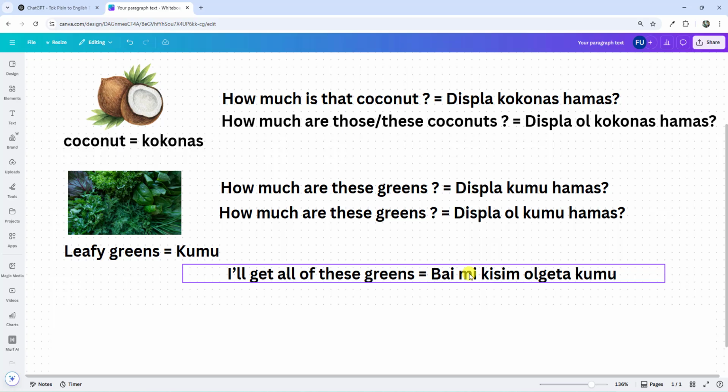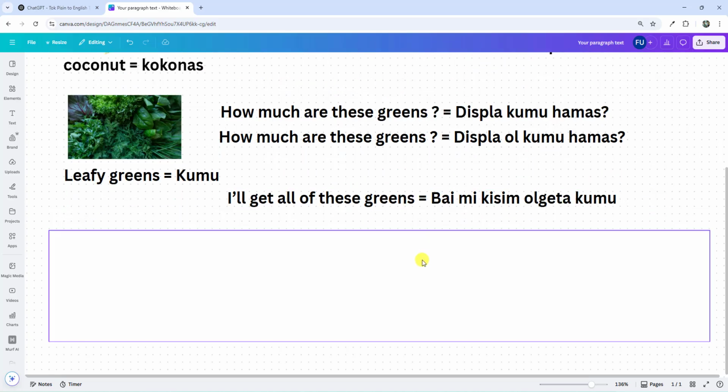Mi is I, kisim is get, olgeta is all of, and Kumu. Bai mi kisim olgeta Kumu.